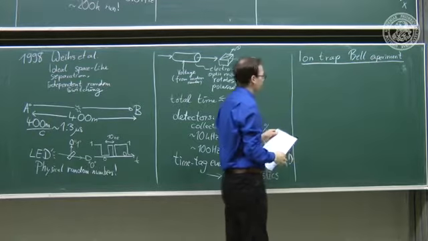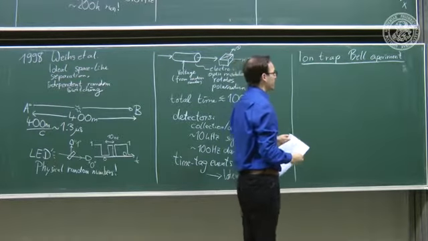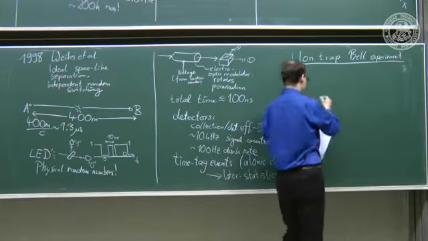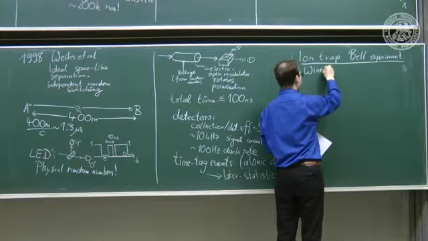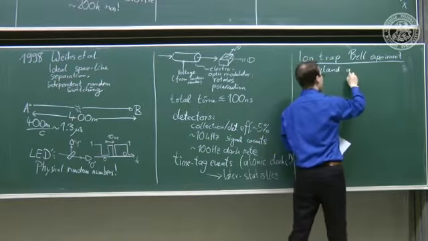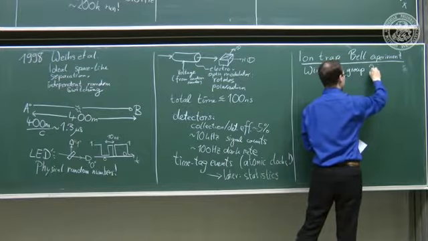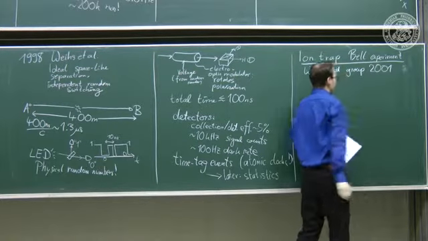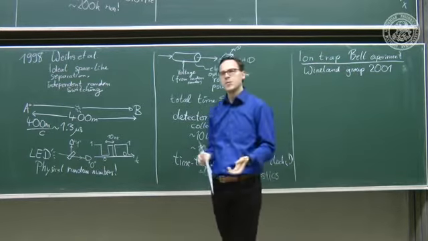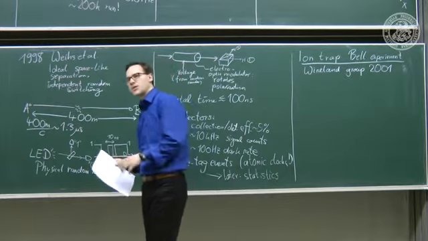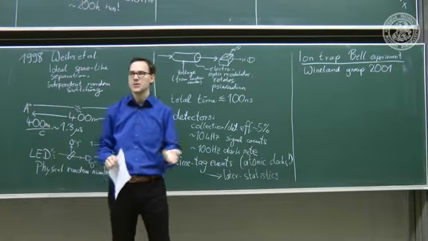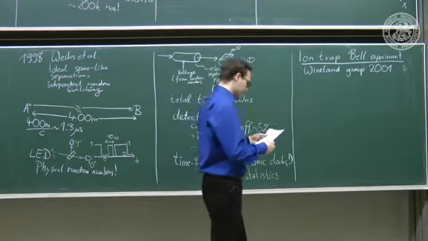So let's discuss this ion trap Bell experiment, which was done by the Vineland group in 2001. And I want to spend some more time on it because it also nicely demonstrates all the tricks and manipulations you can do for these quantum systems.